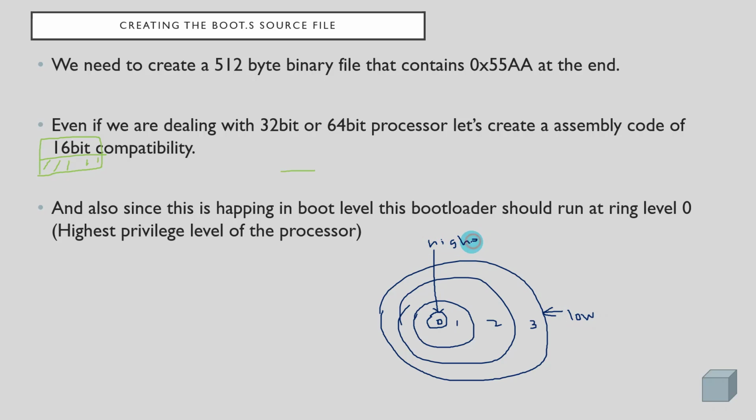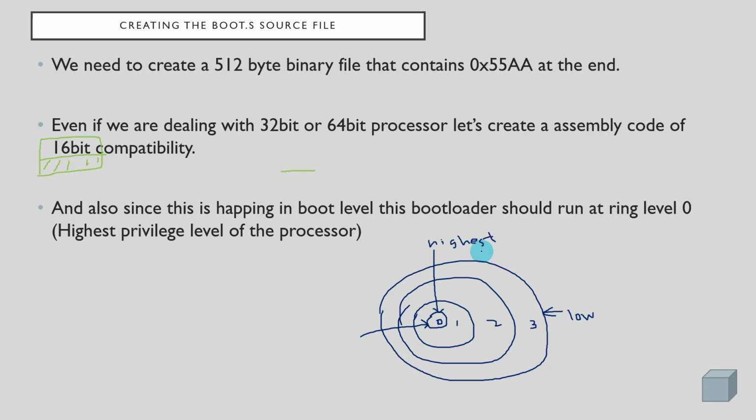So assume you are at the highest privilege level, then you can do anything. You can even control the hardware by yourself. But it is kind of dangerous, because if you make some mistake, it may cause physical damage or something like that.